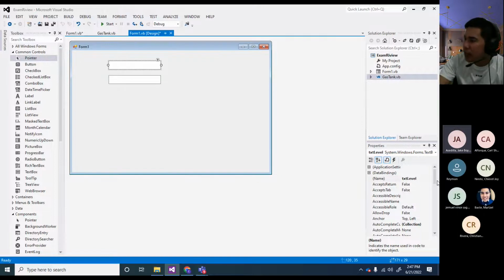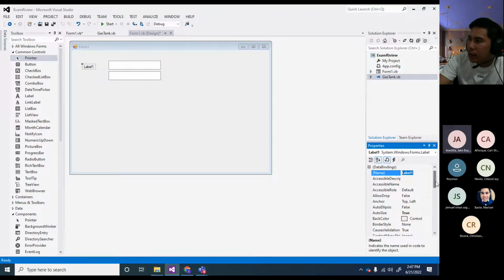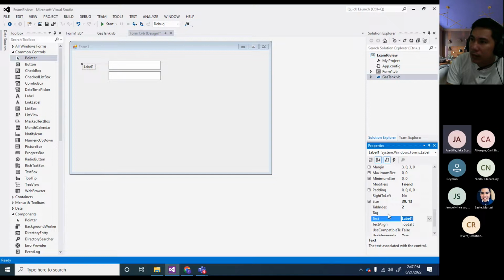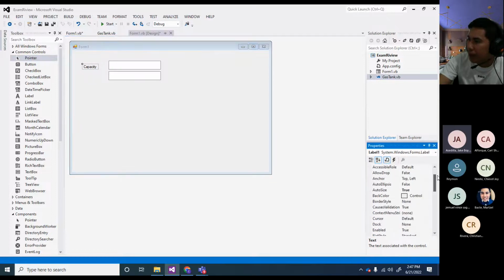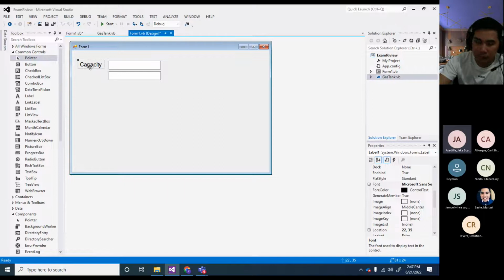Then we'll code it here in the form. So let's have here capacity, I guess, and then let's enlarge it a little, 14.